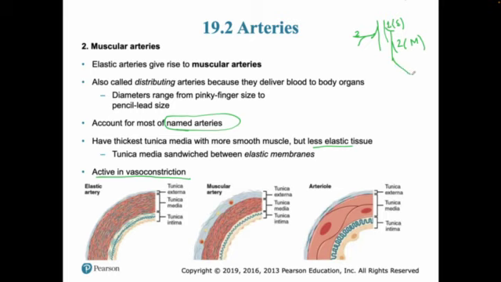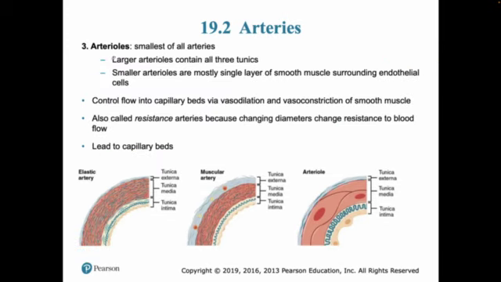So when the second degree also divides into tinier ones, that is called the third degree, which are the arterioles. So this is the third degree, the smallest of all the arteries. Generally, arterioles might not have three tunics, but the larger ones can. Smaller arterioles are mainly just endothelial cells, right?